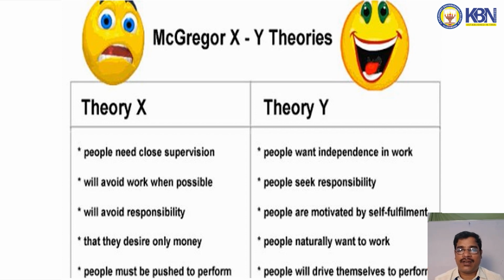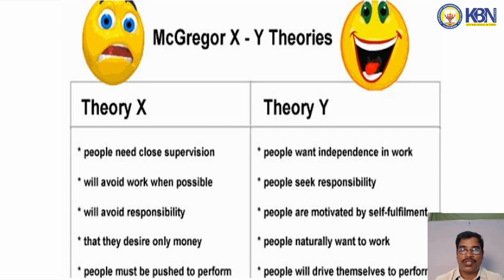Normally, in this Theory Y, people always want to take initiative, and people get motivated by themselves, on their own. People want to take responsibility, people want to accept any kind of situation, and people are motivated by self-fulfillment.